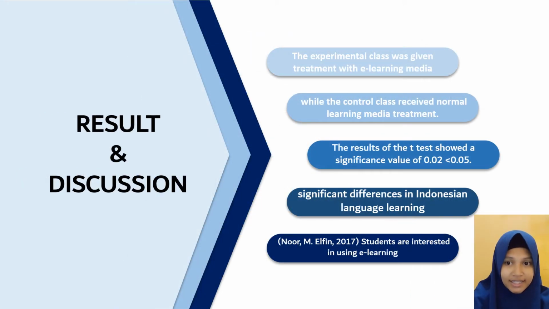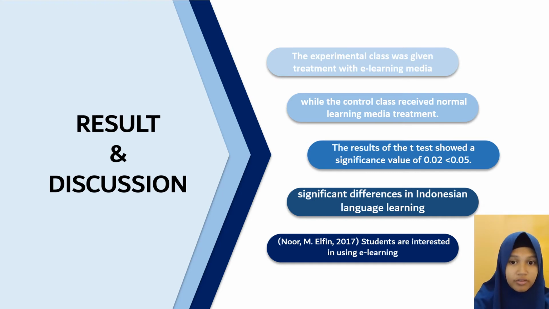Based on the analysis of research data, the proof using SPSS 16 indicates that the original abilities of the control class and the experimental class are homogeneous and normal. Furthermore, the two classes received their respective treatment. The experimental class was given treatment with e-learning media, while the control class received normal learning media treatment.